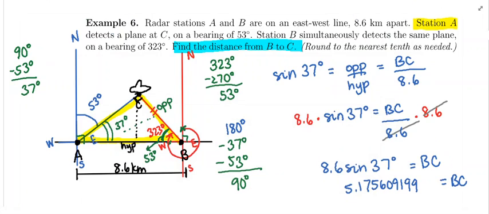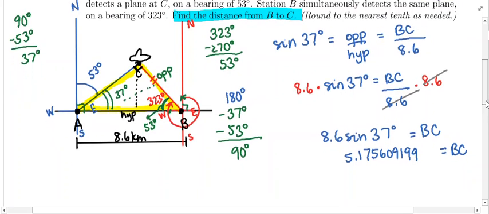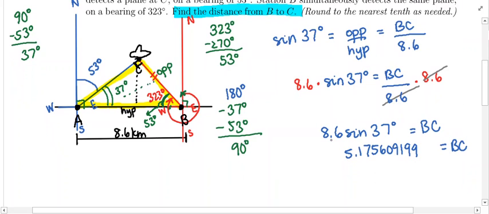And now we need to round. In the directions it says to round to the nearest tenth. Tenth means one place after the decimal point. So here's one place after the decimal point. You've got a 7, so this 1 is going to bump up to a 2. So we'll go ahead and say that the length of BC is approximately, because we're rounding, 5.2, and we need to put units on this.